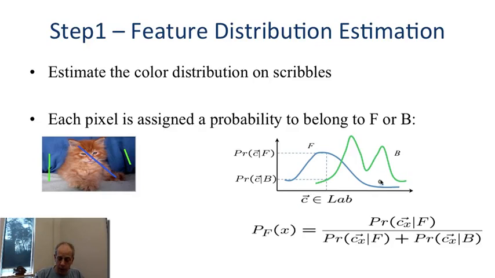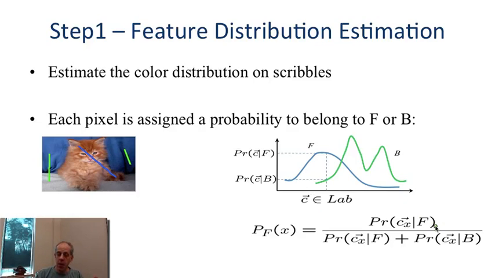And again, we have these distributions. And we can compute the probability of a pixel being foreground or background, which is just the probability of being foreground, and we normalize by both foreground and background. So, for example, a pixel that was marked by the user as being foreground will have a very high probability.